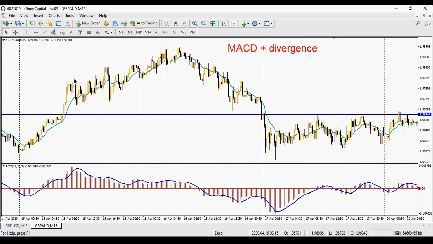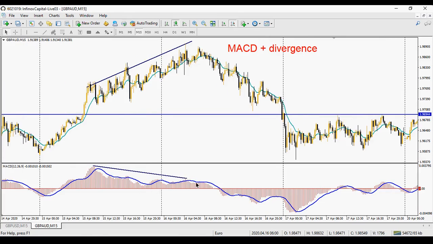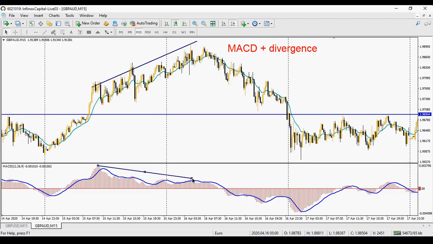Let's see again. This was a long divergence. You can see this guy here now. I hate to see situations like this in the market. I just hate it. This divergence is too crazy.